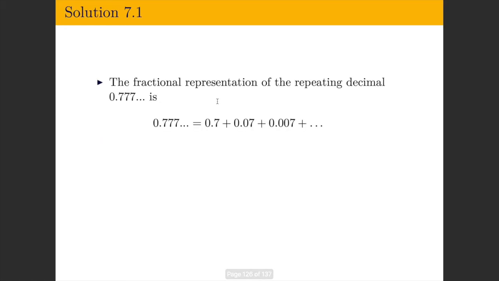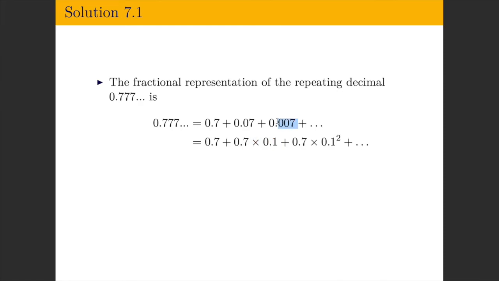So let's do that. We can rewrite the fractional representation of 0.777 recurring as 0.7 plus 0.07 plus 0.007, and so on and so forth. And then we can rewrite this 0.07 as 0.7 times 0.1.